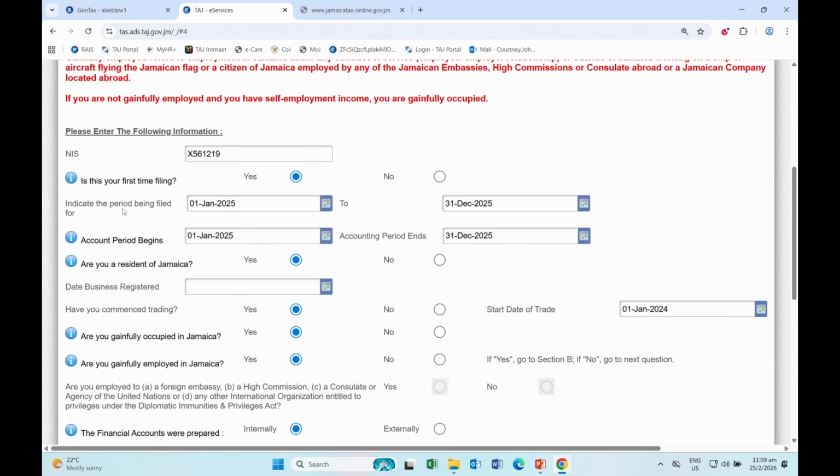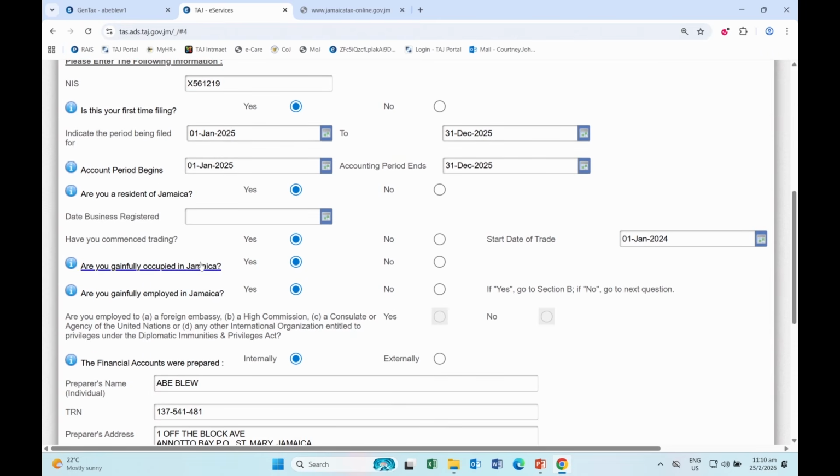So the period being filed is the 1st of January 2025, and his accounting period is also synchronized with that date, January to December of the same year. The residency question. Of course, we understand from the presentation that was given why it is important to say whether or not you are a resident. You will indicate the date for the registration of the business and the start date, if you have commenced trading, and in this case, Mr.